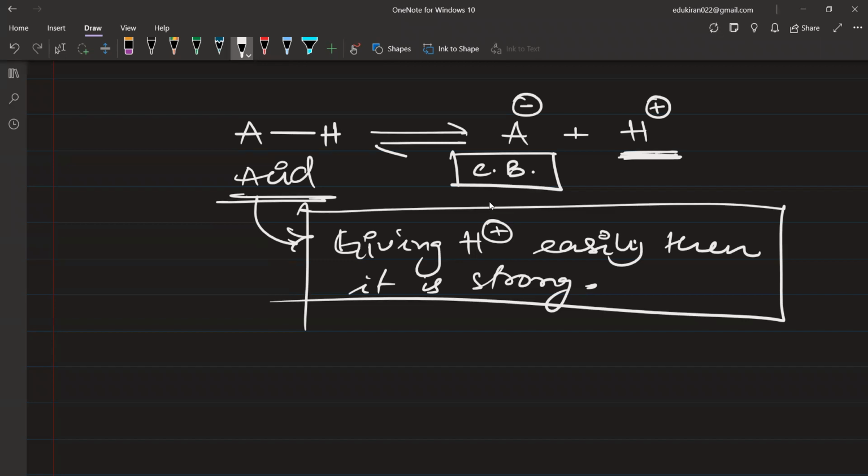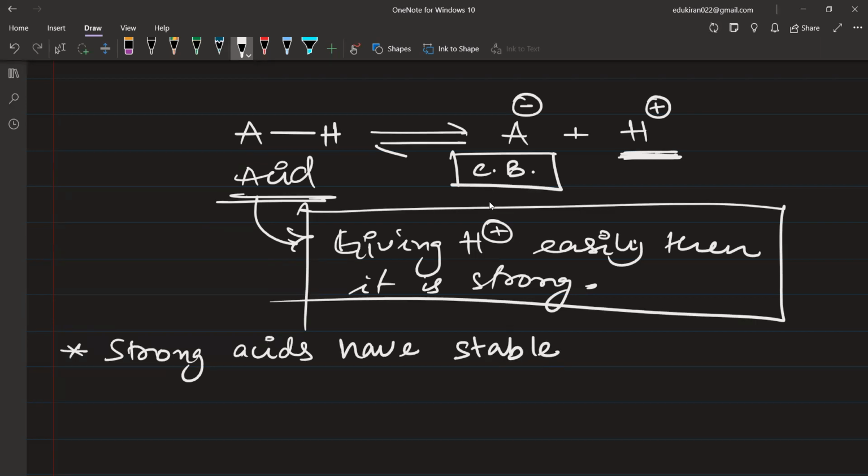So please remember, strong acids have stable... Look, one more thing we want to write after stable, let us explain that also now. Please remember, please see. If A negative is accepting H plus, that means it is a base.